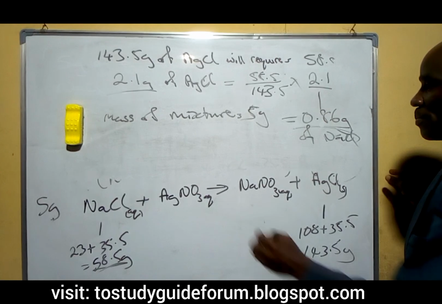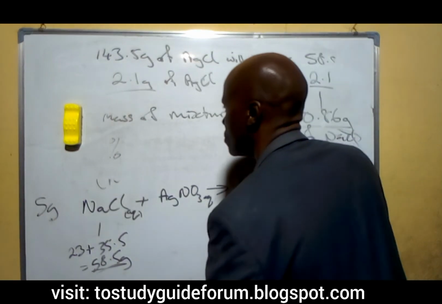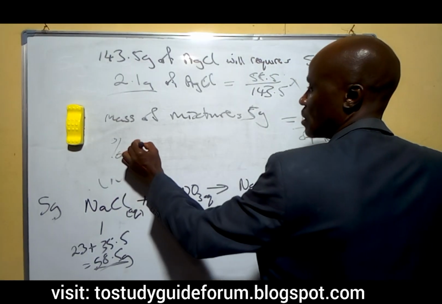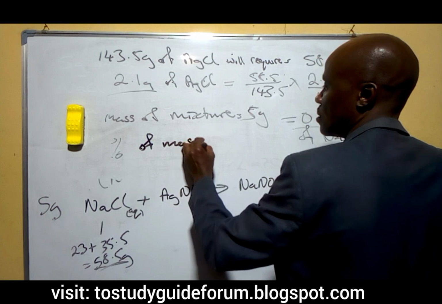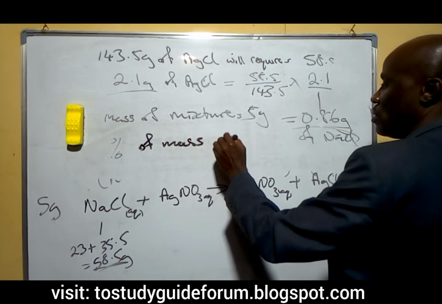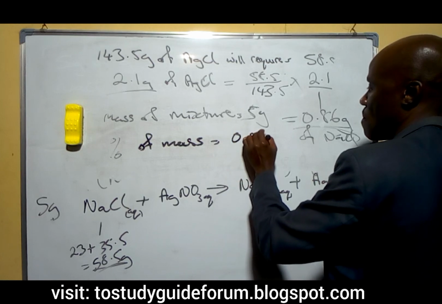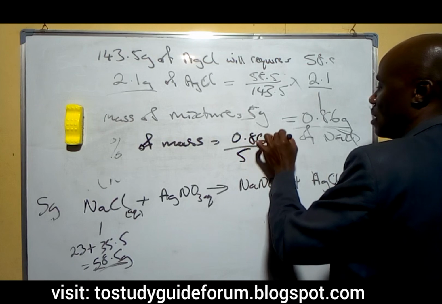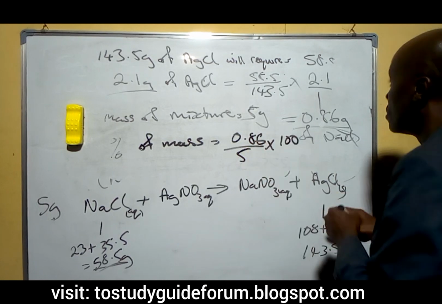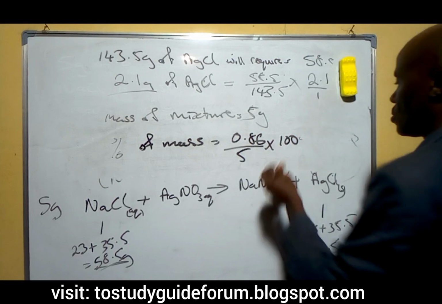So in that case, the percentage mass of that will then be equal to 0.86 over 5 times 100 over 1.